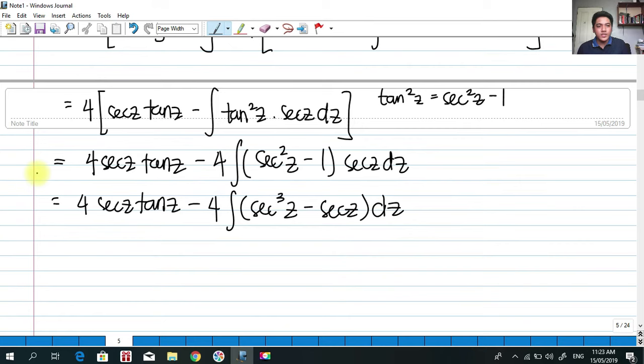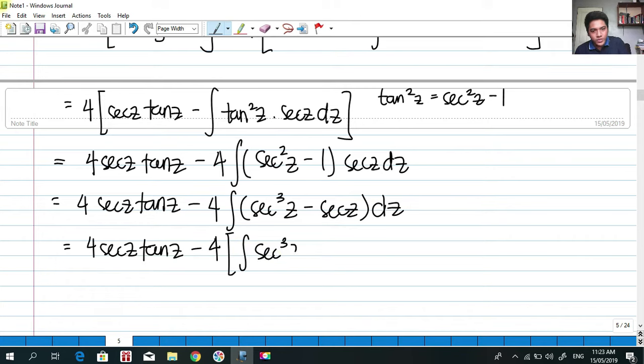As you can see here, we can distribute the integral. So we have 4 secant z tangent z minus 4, of course, the integral of secant cube z dz.